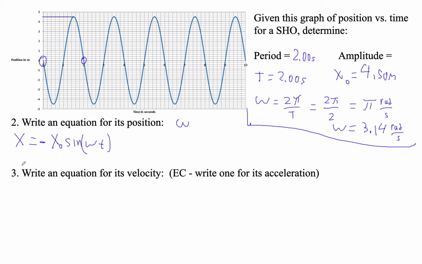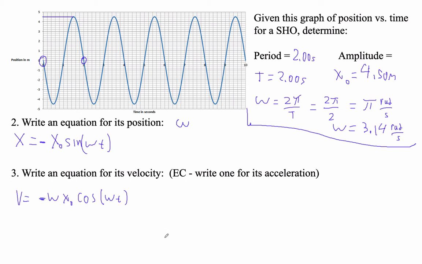Okay, now having said that, the corresponding velocity equation is just negative omega x naught cos omega t. And the reason I say this is that if you look at the one that goes with x naught sine omega t, it's just omega x naught cos omega t. If this one's negative, this one is too.